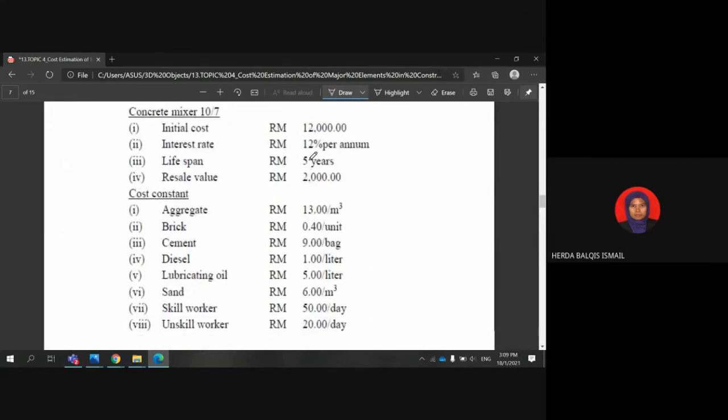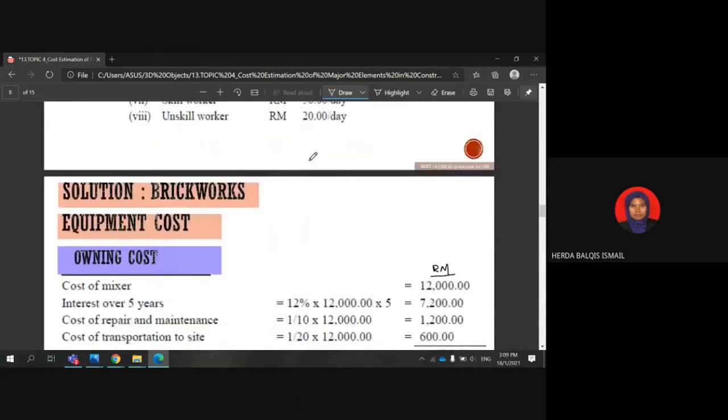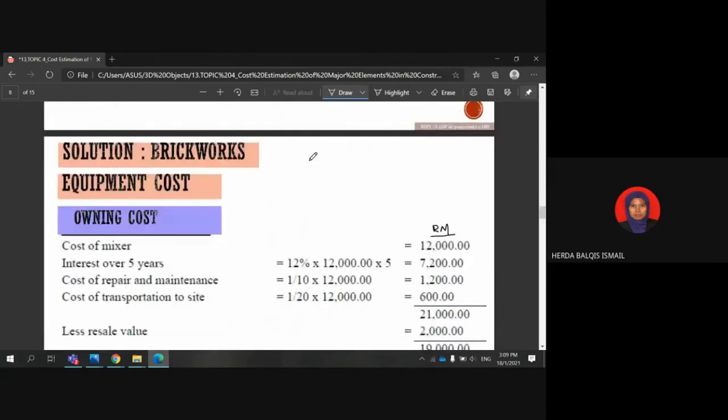Let's look at the solution. As I mentioned earlier, the equipment cost consists of the owning and also the operating costs. If the mixing cost of the concrete or the mortar is not given, you need to calculate the equipment cost in order to get the price per cubic meter.